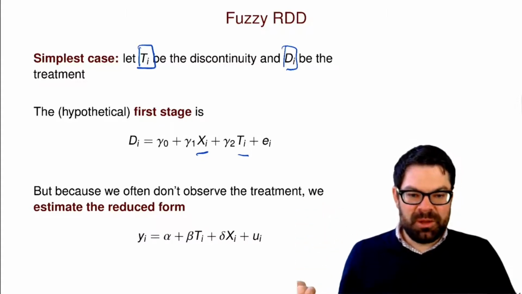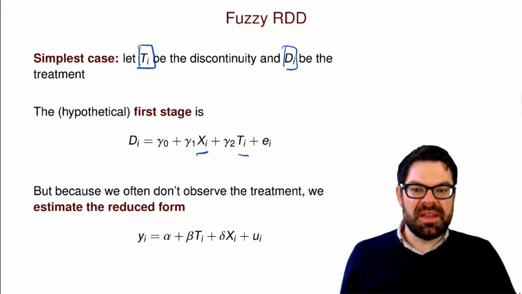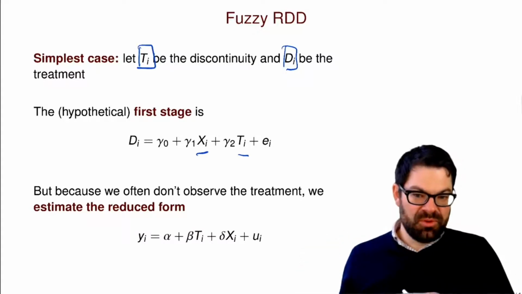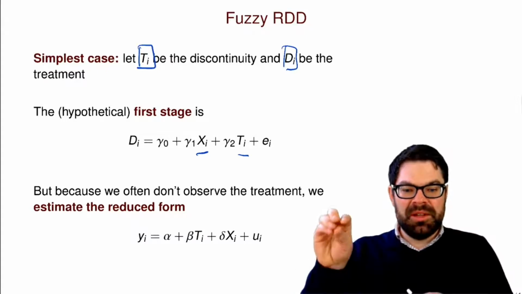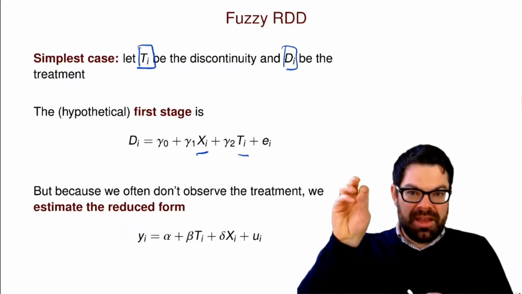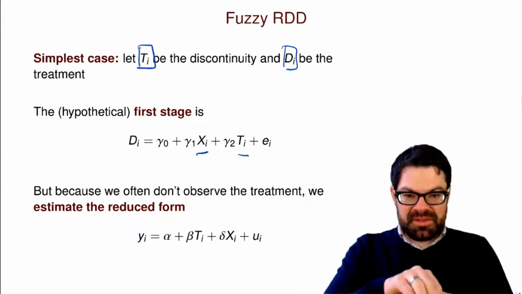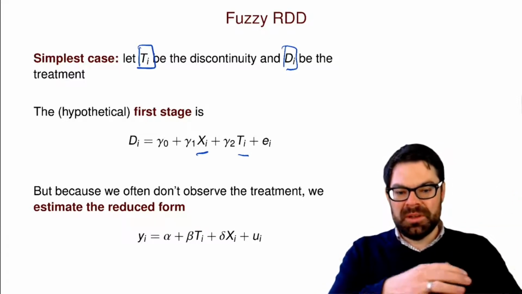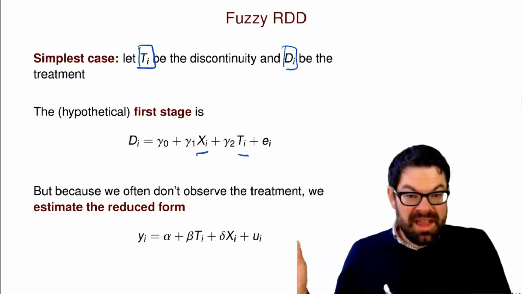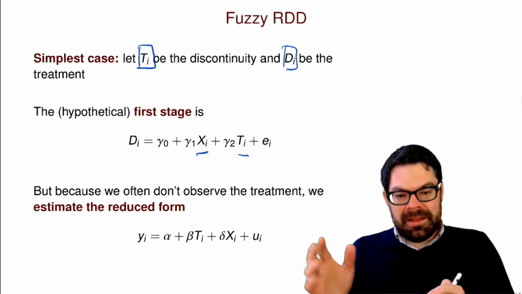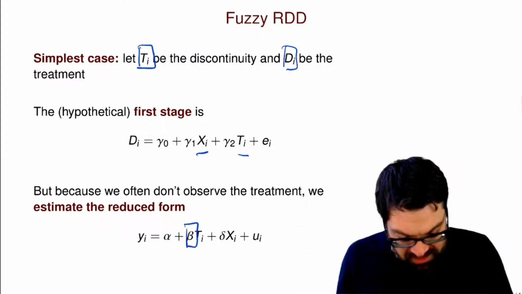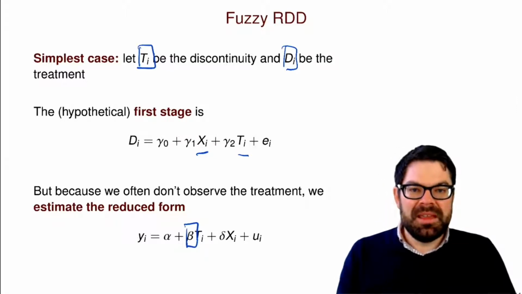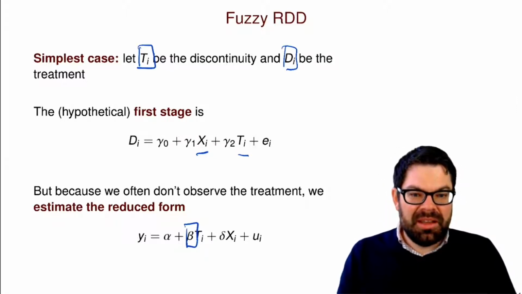So you will see a lot of fuzzy regression discontinuity designs where the reduced form you see here at the bottom, namely the regression of the outcome on the discontinuity and the dummy for whether the person is above or below the discontinuity, is estimated. And that parameter beta, the reduced form parameter, is in and of itself interesting enough.